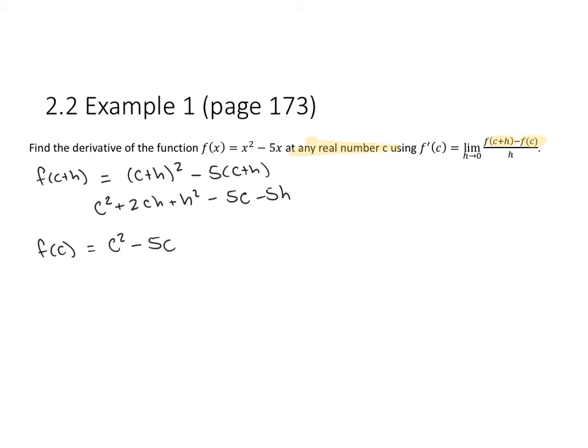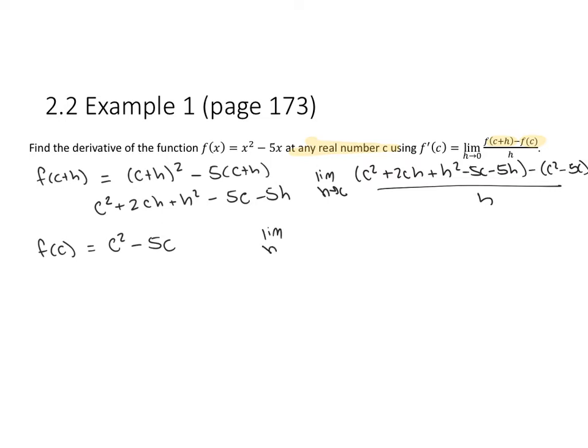Now I'm going to substitute into the equation the limit as h goes to 0, and I'm going to be using this equation that we just simplified, and then minus that one. So c squared plus 2ch plus h squared minus 5c minus 5h minus c squared minus 5c all over h.